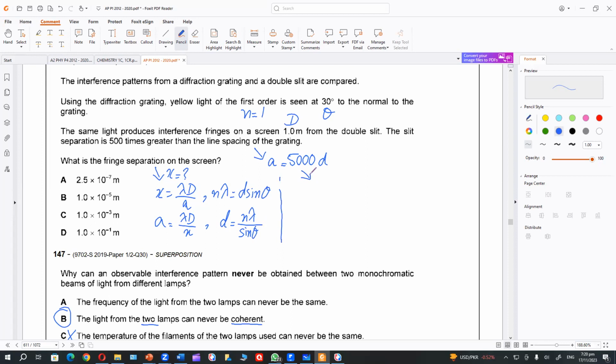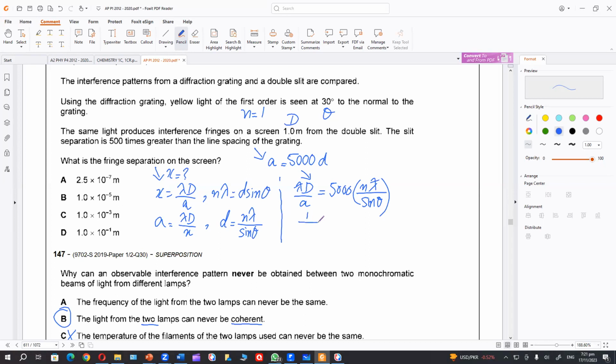So if I use this equation and replace the values, lambda D upon a is equal to 5000 into n lambda upon sine theta. I can cancel lambda from both sides, and I have D as 1.